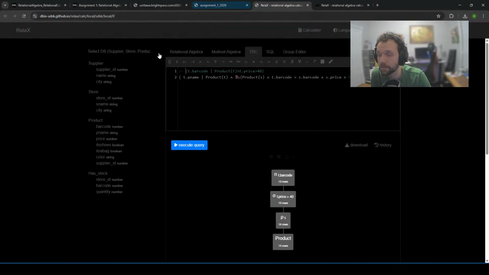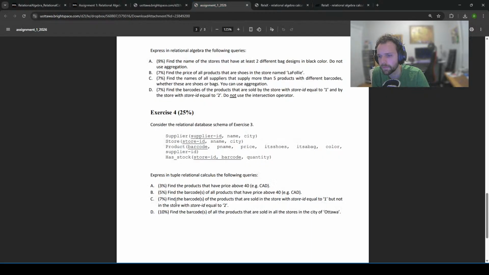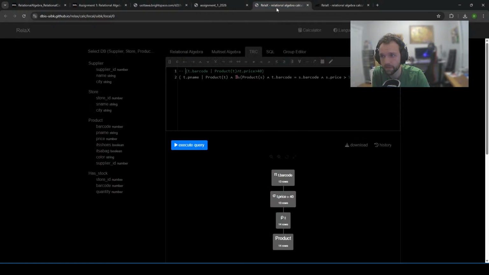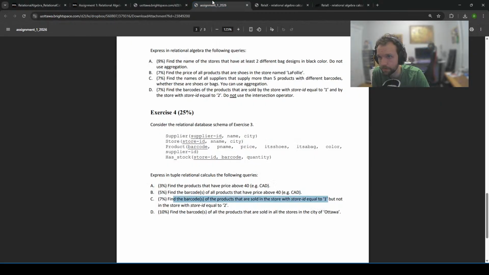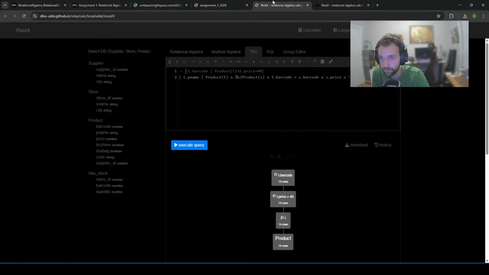Products. So there needs to be some joining: the barcodes of the products that are sold in stores with the store ID, with one but not two.